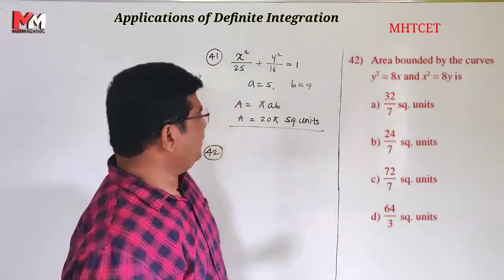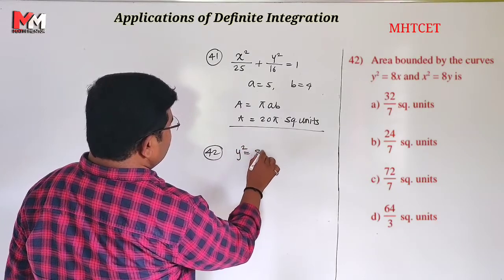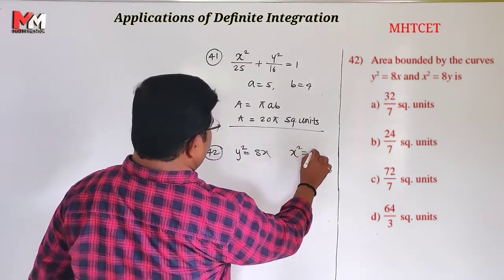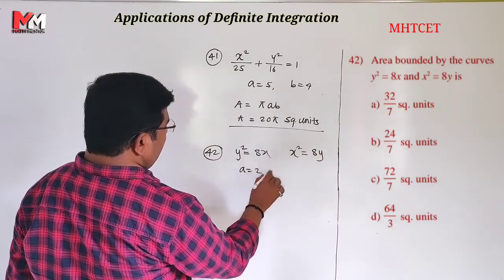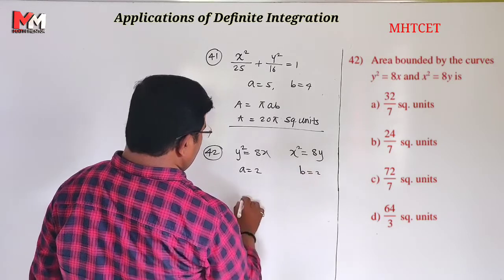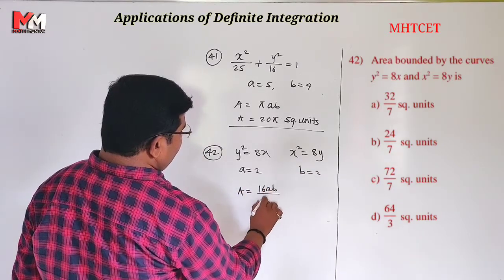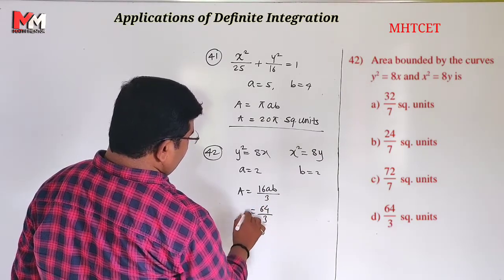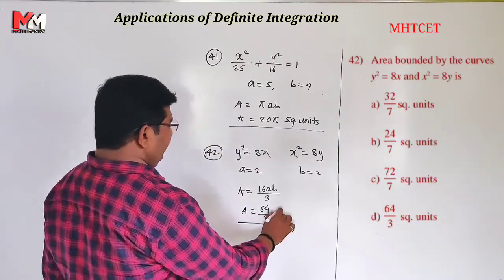Now for 42, both parabolas, it is also a shortcut: y square is equal to 8x and x square is equal to 8y, so 4a is equal to 8, a is equal to 2, here b is equal to 2, so the required area is 16ab by 3. 16 into 4 is 64 by 3, so the answer is 64 by 3 square units.